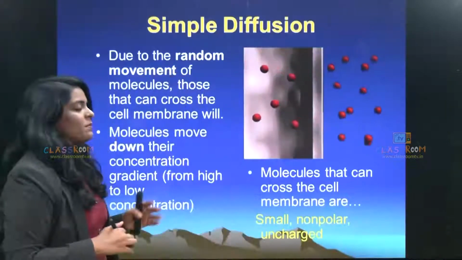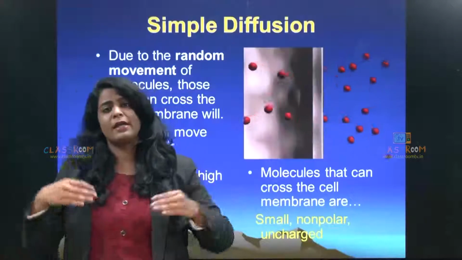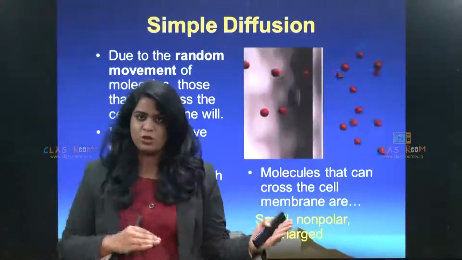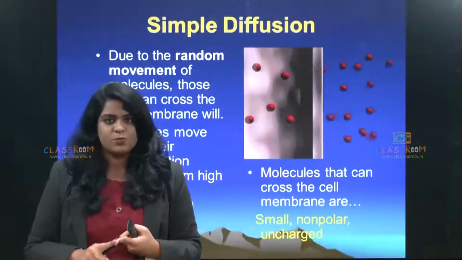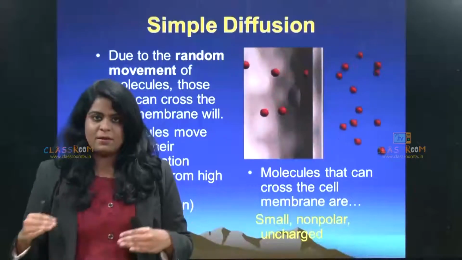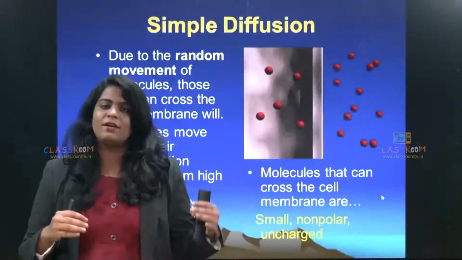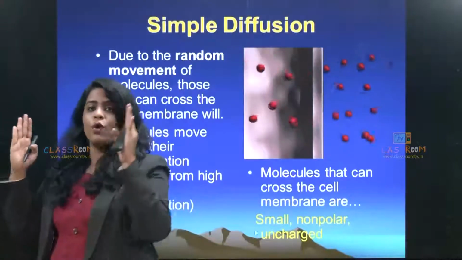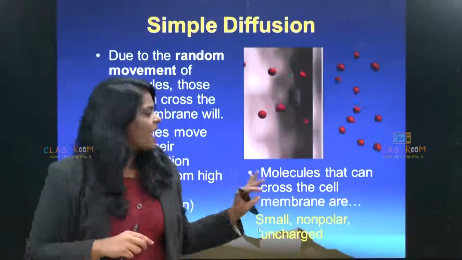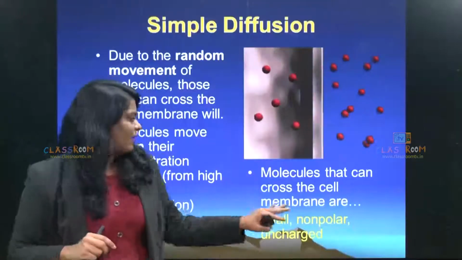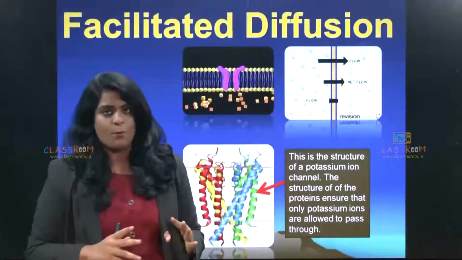So diffusion means transfer of particles from a region of higher concentration to lower concentration. So let me repeat three things again. Passive transportation has three parts. First one is diffusion. In diffusion, the molecules move from high to low, and it happens because of gradient difference, and they are small, non-polar and uncharged molecules.